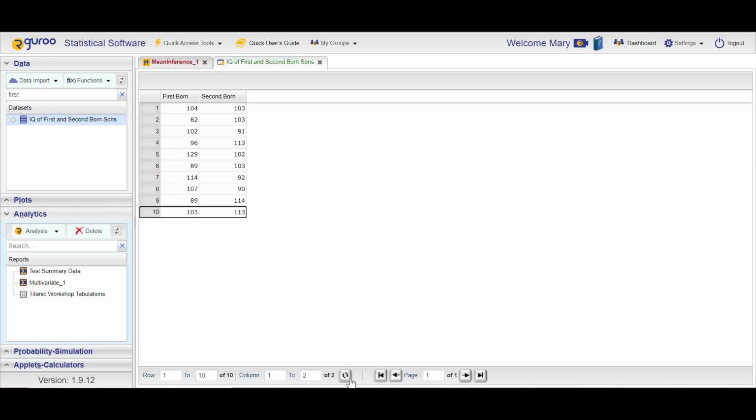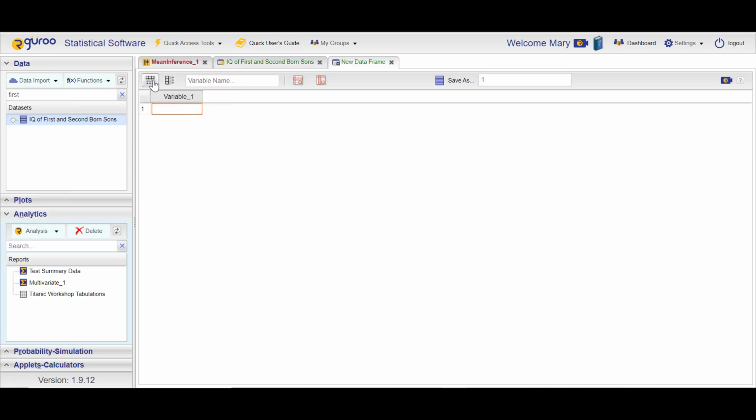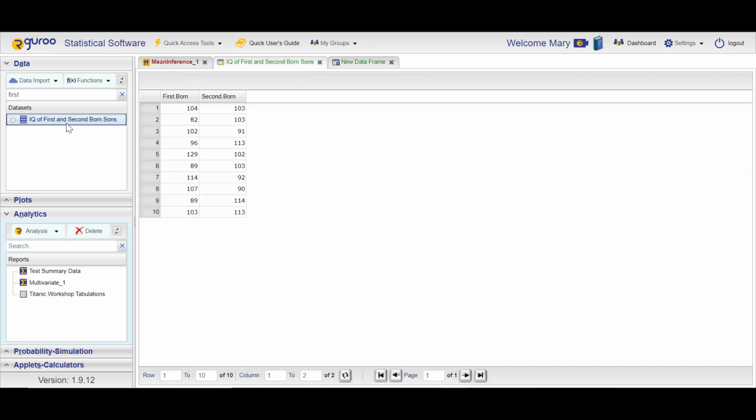Just to remind you how you put that in, you go to data import, do create data set, and then if you want to add multiple variables, you can. So I just put one sample in one column and the other sample in the second column, label the variables and save it. So that is what I did. So it's IQ of first and secondborn sons is what I have mine as. You can pause the video and go ahead and type those in for yourself as well.